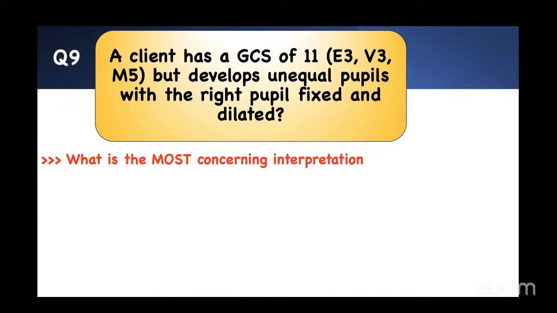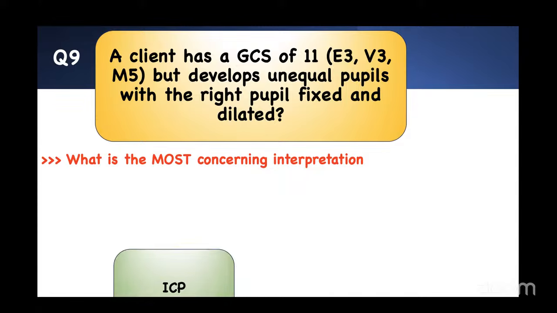What do you think is going on? If you're taking care of this patient, you're taking the NCLEX, and you saw this question and they ask you a prioritization question, what would you do? GCS of 11, head injury, but then I have an unequal and fixed pupil. What is the definition of this? What is happening? Put down your answer and think about what is going on.